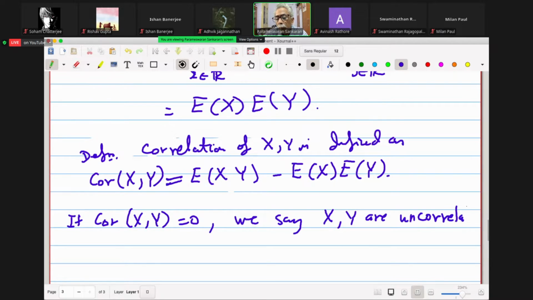Of course, independent random variables are uncorrelated. That's what we just now proved.